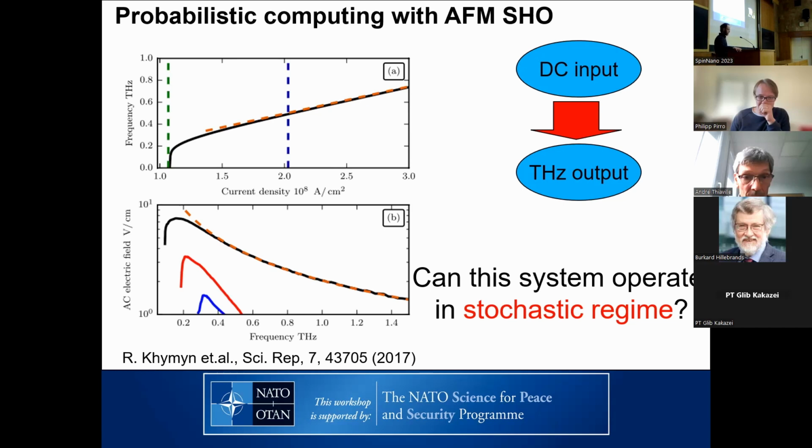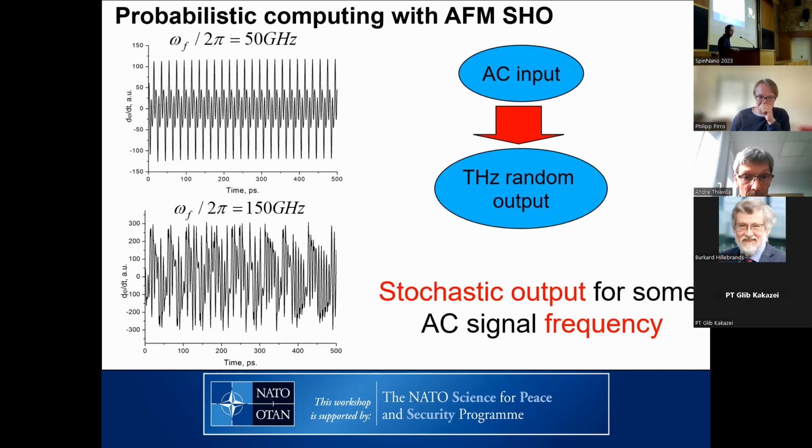And the question that we asked was, can the system operate in a stochastic regime? And the answer is yes, indeed. By moving from DC input to AC input, and by choosing the frequency of our signal, we can indeed make the antiferromagnetic spin Hall oscillator operate in a stochastic regime.